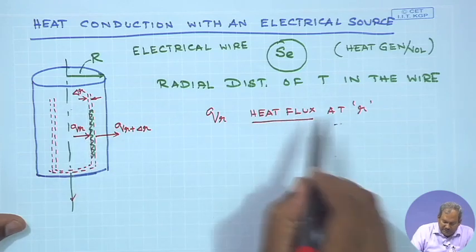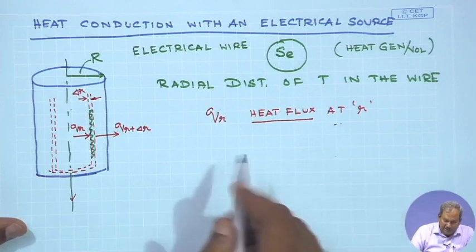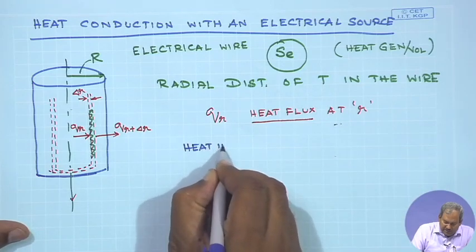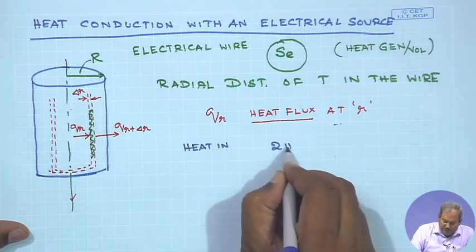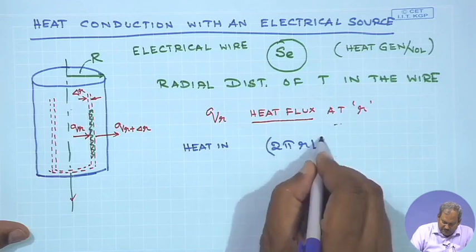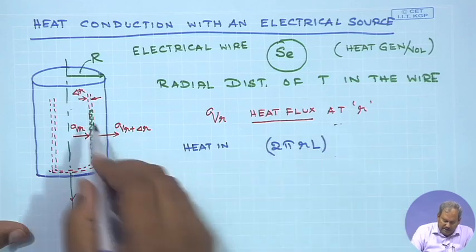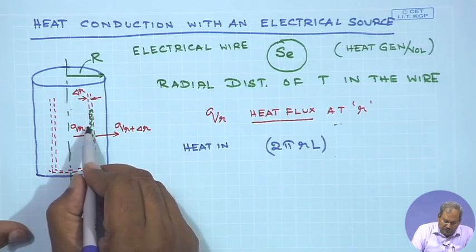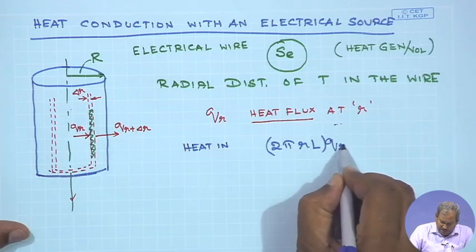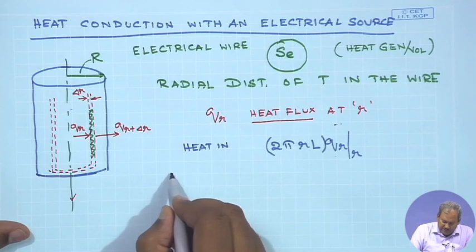So, if this is heat flux at R, then the total amount of heat in would simply be equal to twice pi R times L. This is essentially the area of the inner surface of the assumed shell multiplied by Q R evaluated at R.